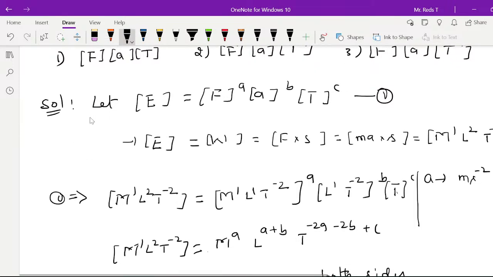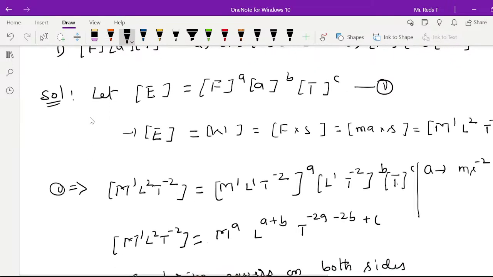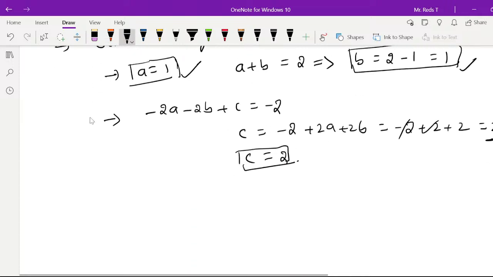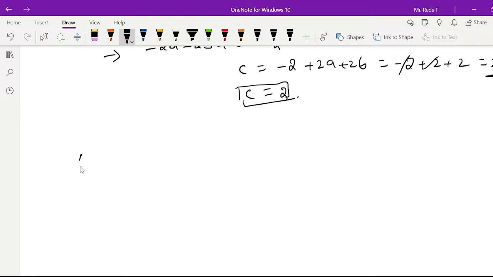So in terms of force, acceleration and time, from equation 1, the dimensions of energy is equal to F power a, which is 1, A power b, which is also 1, and T power c, which is 2, so T power 2.